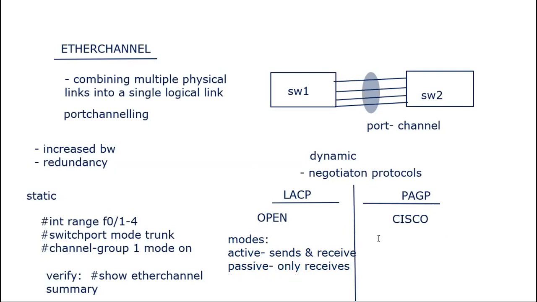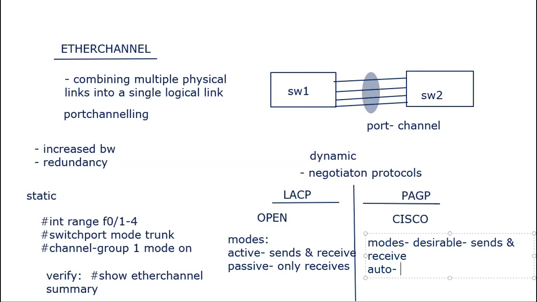Same way, PAgP also has two modes, desirable and auto. Desirable mode is the one which sends and receives negotiation. You can compare it with the trunking protocol, like dynamic trunking, desirable, auto. It's the same way here.